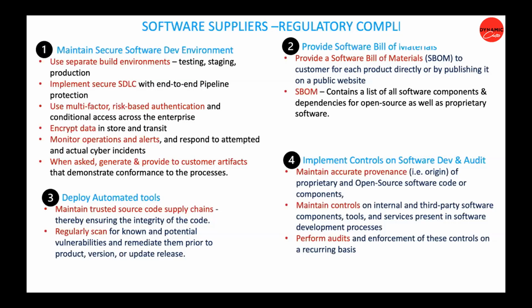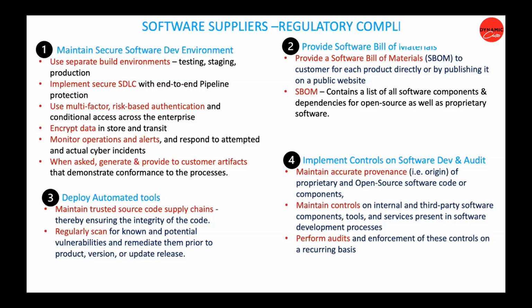pipeline protection, right? Then there has to be multi-factor risk authentication, and identity is very important because these attackers get into the build servers and the CI servers to tamper with the software. Data should be encrypted.